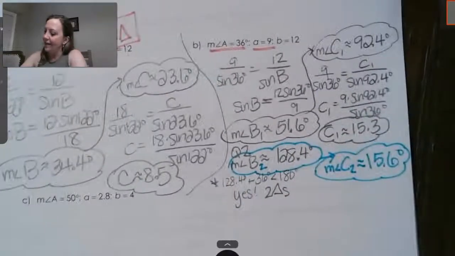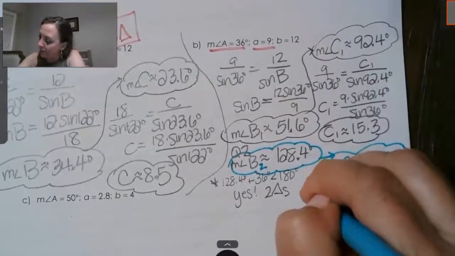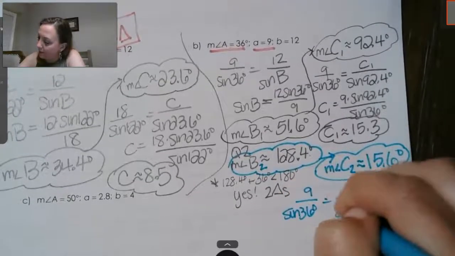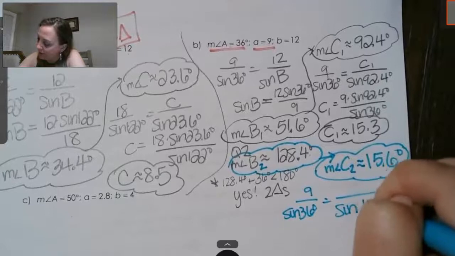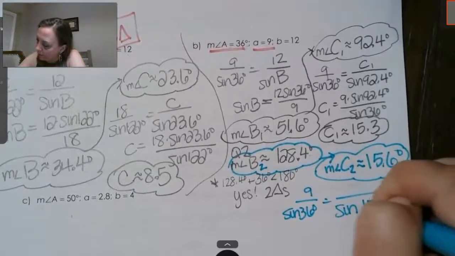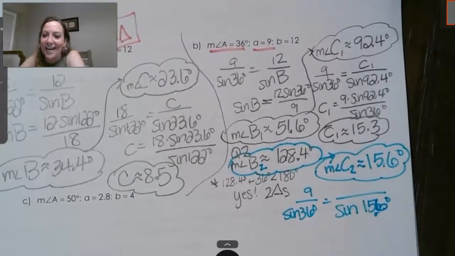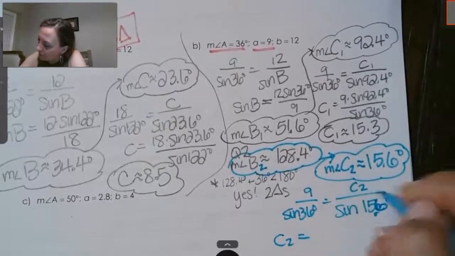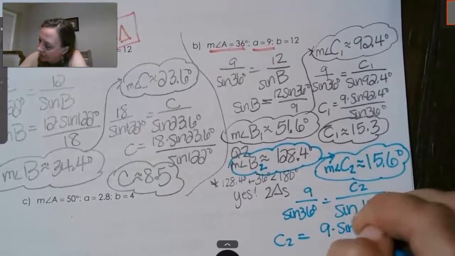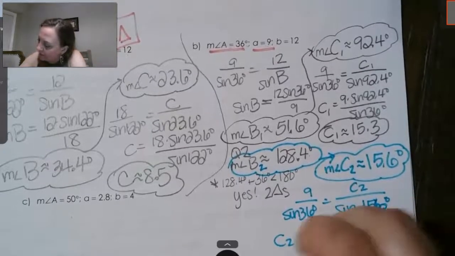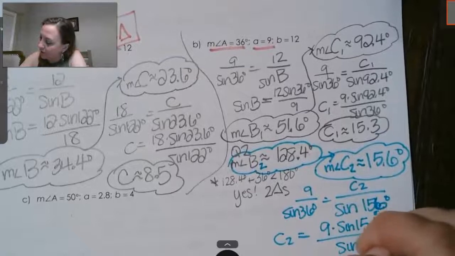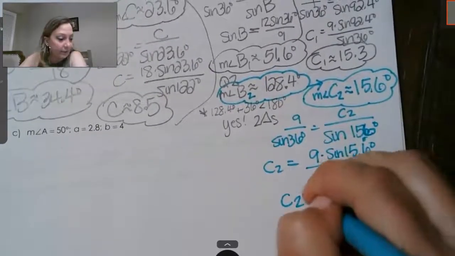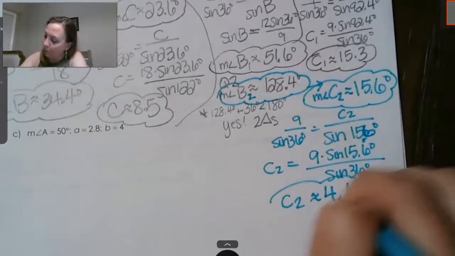And then I can set up a ratio again with this angle C, which is 15.6 degrees, and the side C2. So C2 is going to be 9 times the sine of 15.6 degrees over the sine of 36 degrees, which should end up giving us about 4.1.